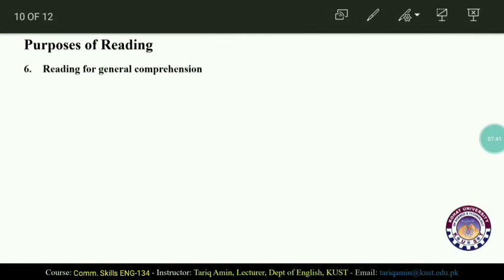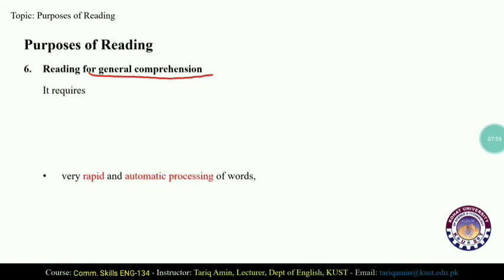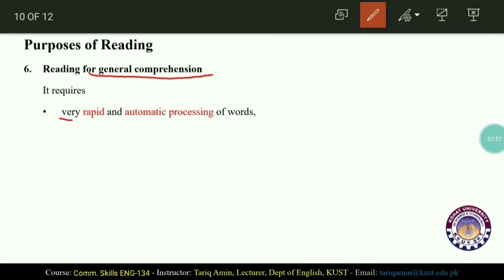The sixth and last purpose of reading is reading for general comprehension. Sometimes we read text for our general understanding. It requires very rapid and automatic processing of words.